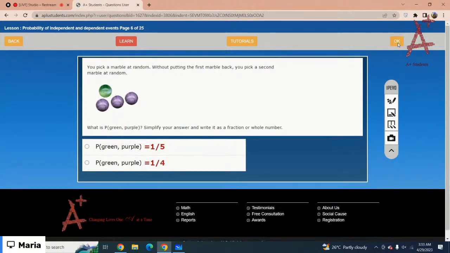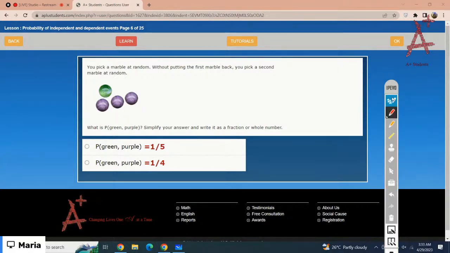Okay, you pick a marble at random. Without putting the first marble back, you pick a second marble at random. What is the probability of purple and green? That would be a dependent event because you didn't put the first marble back. Got it? So the probability for the first one, probability of green is 1 out of 4.